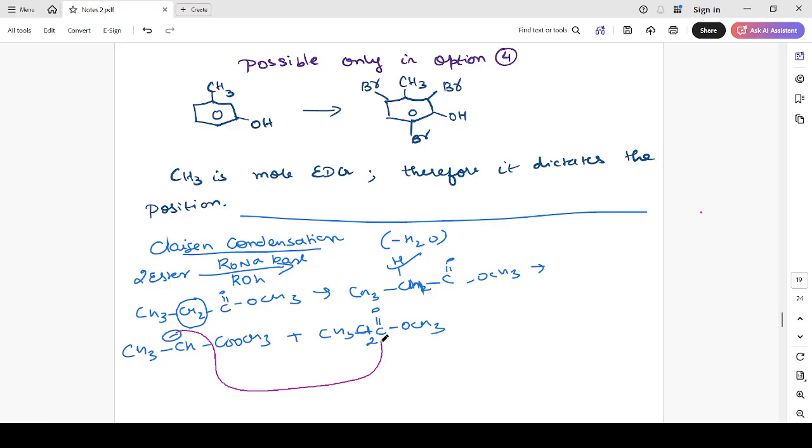This carbanion attacks it so that this moves out. We get CH3CH2COCH(CH3)COOCH3.